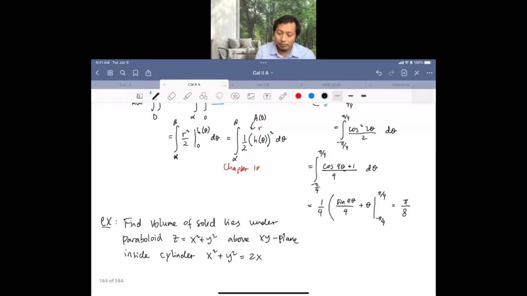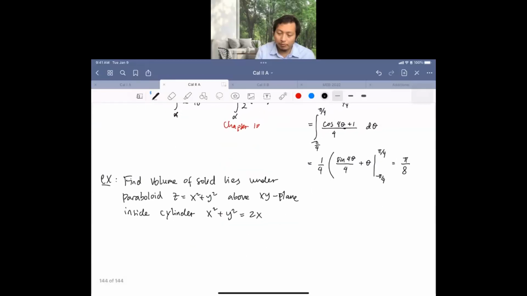Okay, so how to start? I believe the paraboloid can be imagined. You have x squared and y squared parabolas; you combine them and it becomes a paraboloid with the center axis z, so you have a circular paraboloid.